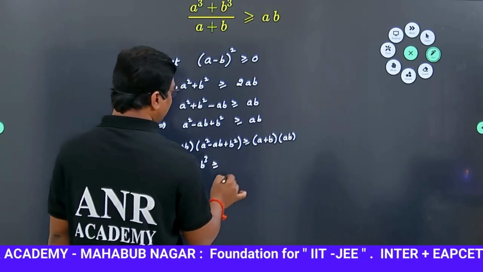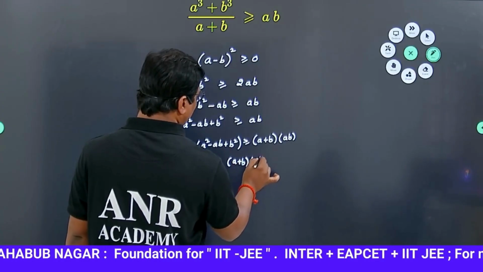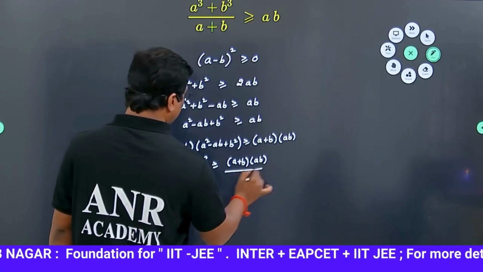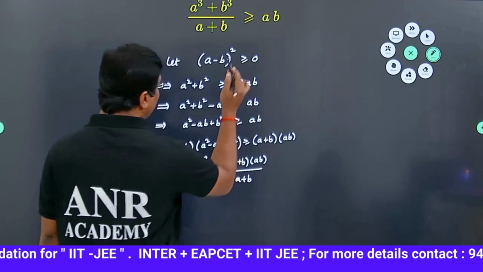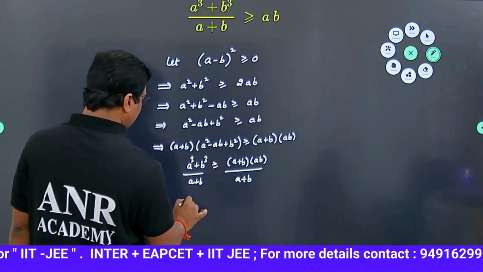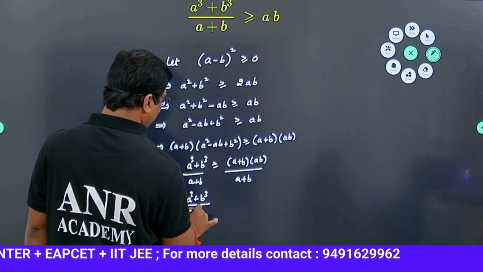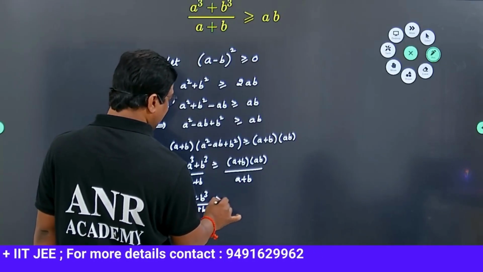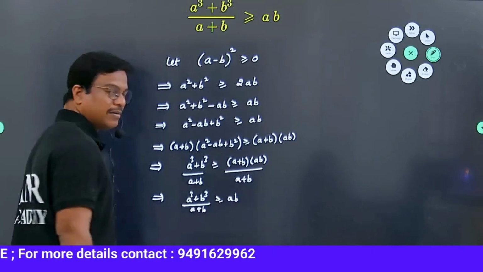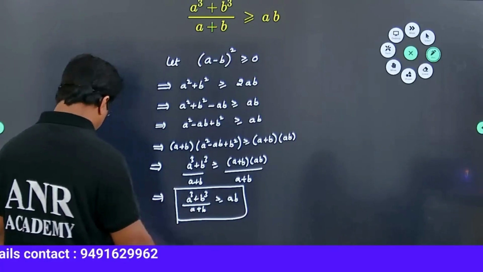So it is greater than or equal to (a + b) of ab. Dividing both the sides with a plus b, then you will get the inequality, that is (a³ + b³)/(a + b) is greater than or equal to ab. So hence the third result proved.